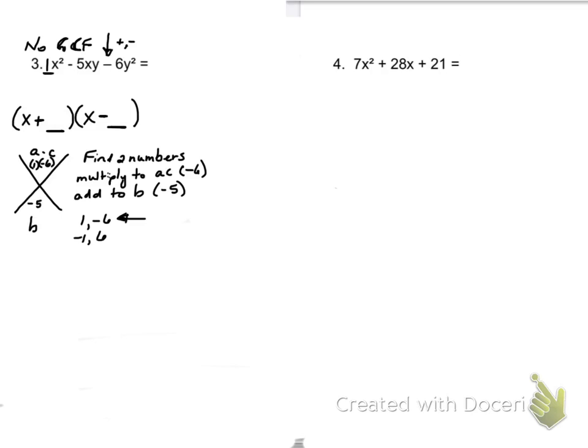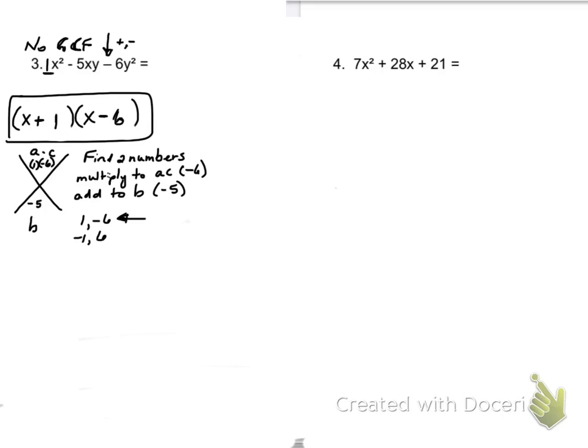So, in other words, the negative is going to go here. The -6 goes in this factor, and the 1 goes in this factor. And if you FOIL these out and check them, they will give you the answer. They'll go back to the original problem. Okay?